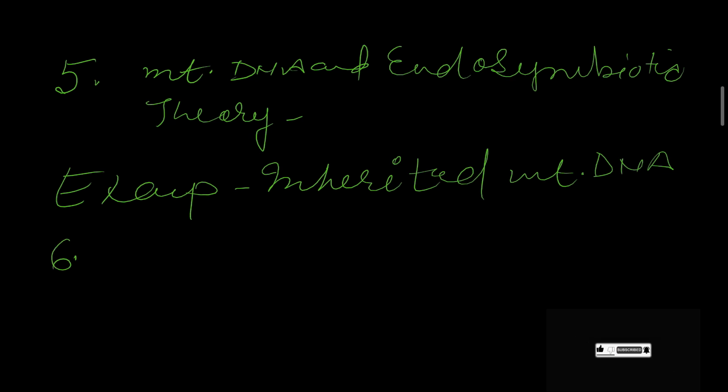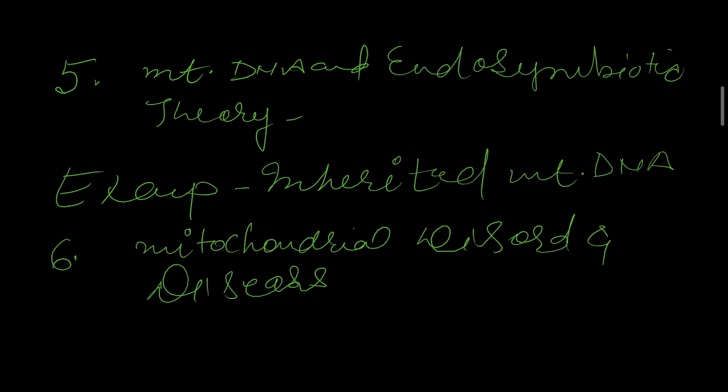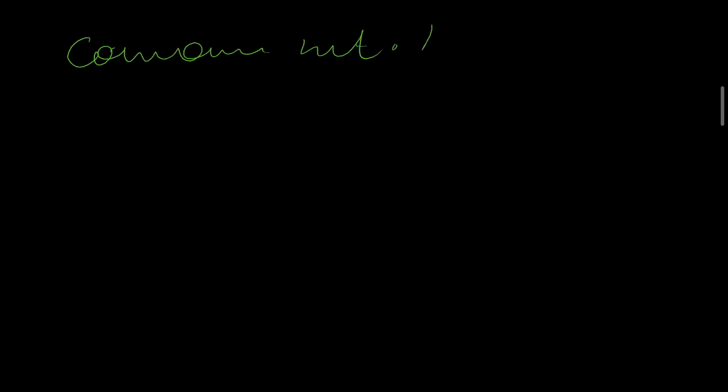Next is mitochondrial disorders and diseases. Defective mitochondria can cause severe diseases as they fail to produce enough ATP for proper cell function. Now we will discuss the common mitochondrial diseases.